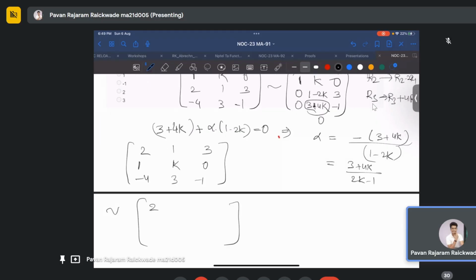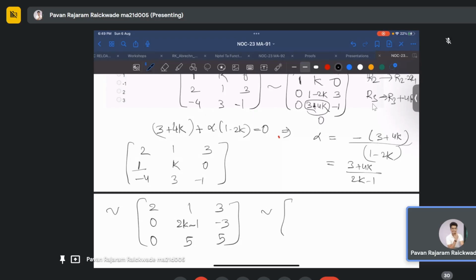Now the same method. Now 2 times this minus the first row. This is 0, then 2k minus 1, then minus 3, then R3 plus 2 times the first row. This is 0, 3 plus 2 is 5, minus 1 plus 2. This is again 5.